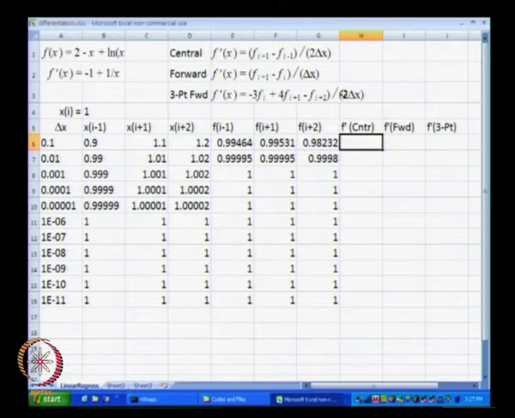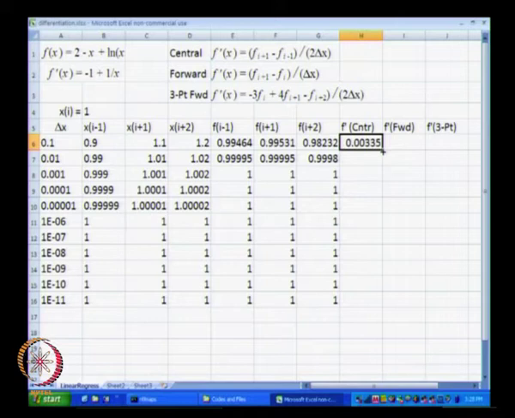So f dash of central is going to be equal to f of xi plus 1 minus f of xi minus 1, so fi plus 1 minus fi minus 1 divided by 2 times delta x. So we have fi plus 1 minus fi minus 1 divided by twice delta x, and this is going to be our f dash of central difference formula.